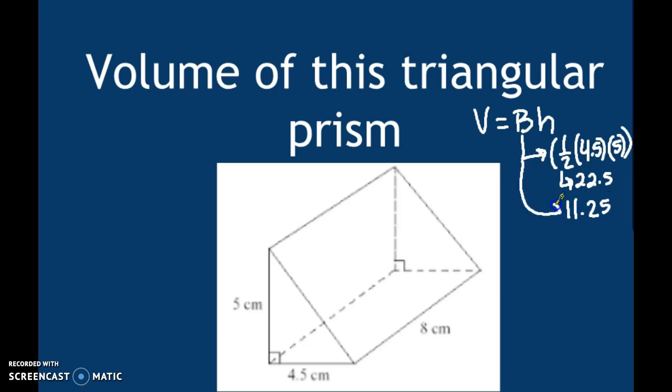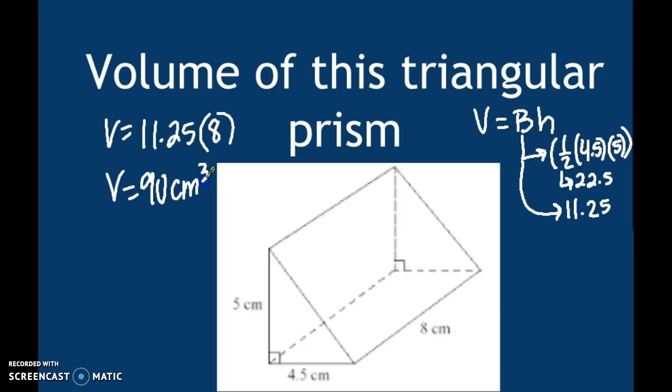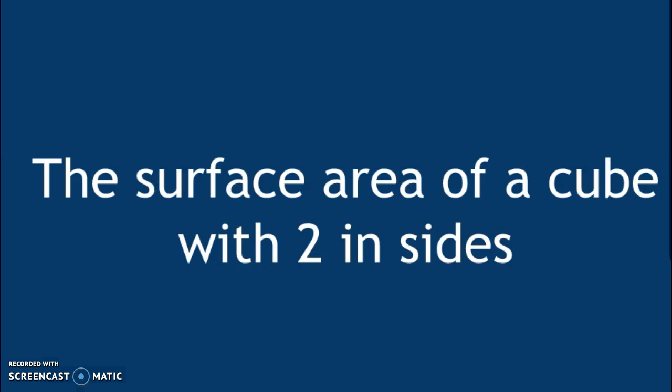So we're going to plug that in for the base. Volume equals 11.25 times the height of the prism, and that is 90. 90 cubic centimeters.